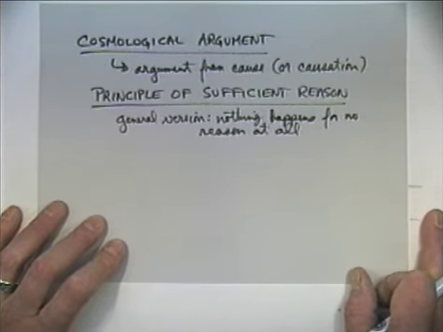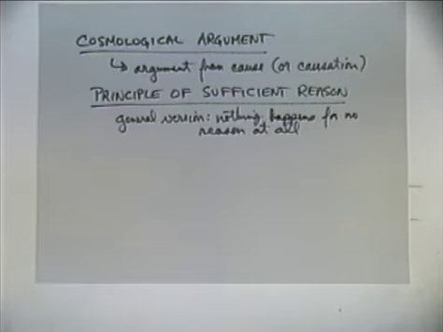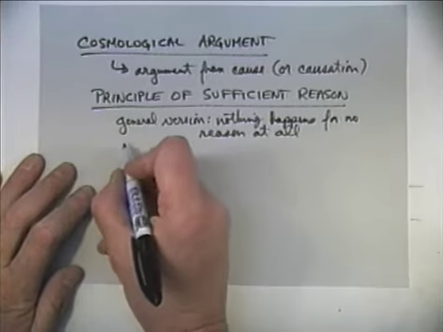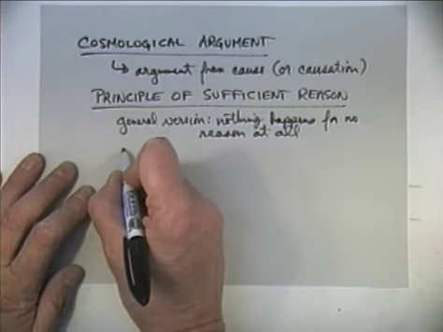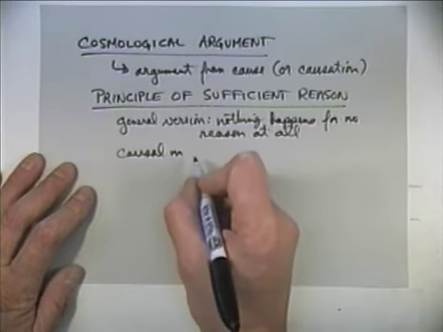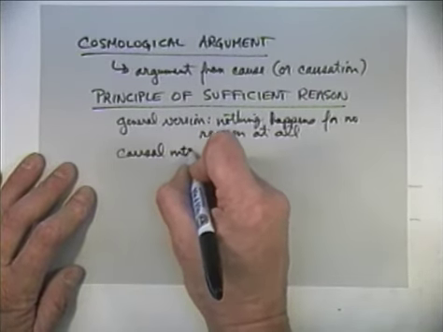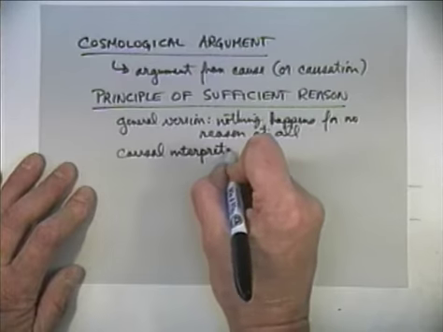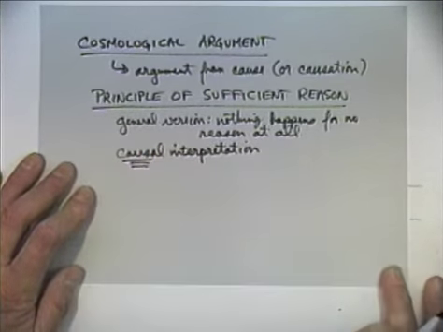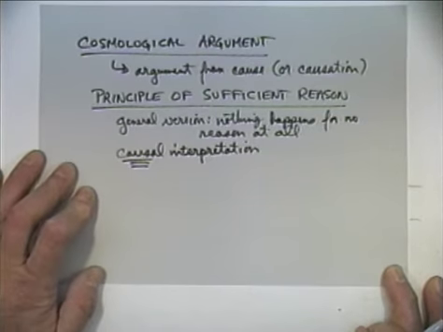The first draft, the most straightforward and probably the earliest kind of cosmological argument for God's existence, involved a particular interpretation of the principle of sufficient reason, which I'll call, using this word now in the modern meaning of cause, the causal interpretation.